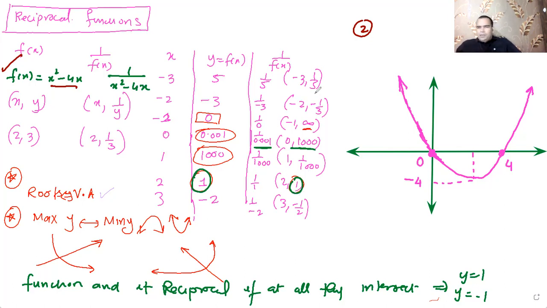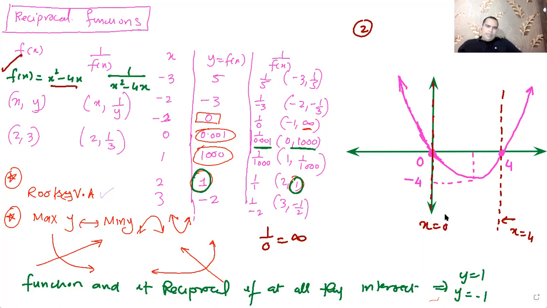So number one, wherever you have the roots, you identify them, because these y values are 0, and 1 upon 0 becomes undefined, which means the reciprocal function will have a vertical asymptote at these roots. So when you draw the vertical lines here, these two are going to be the vertical asymptotes for the reciprocal function. This is going to be at x equals to 4, and this is going to be at x equals to 0, because those are my two roots.